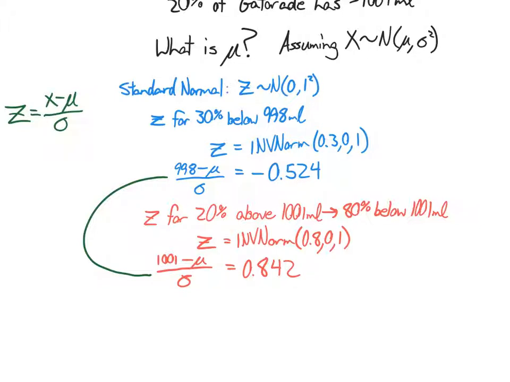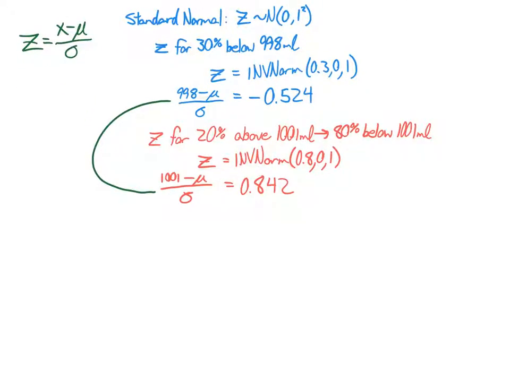I'm confused. Do they sit next to each other now? Like, do they equal each other now? Well, they're not equal to each other, but they both have a mu and they both have a sigma. So however you guys like to solve your systems of equations, I would probably multiply by sigma. So I'd have 998 minus mu equals a negative 0.524 sigma.